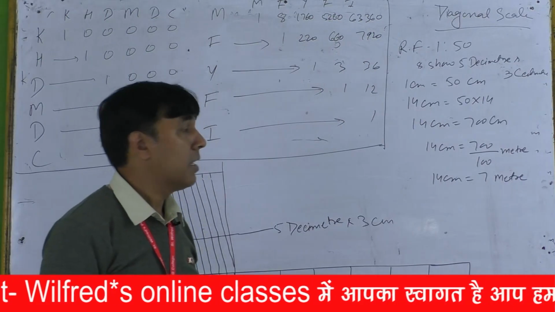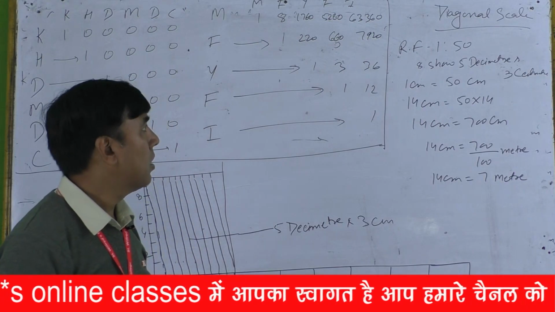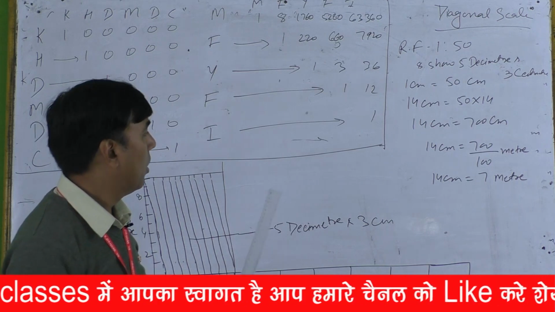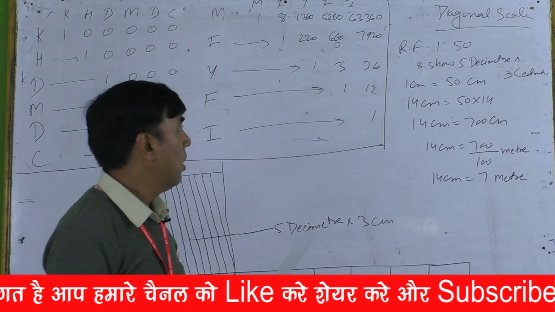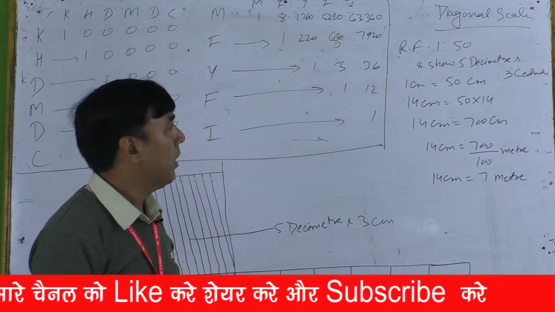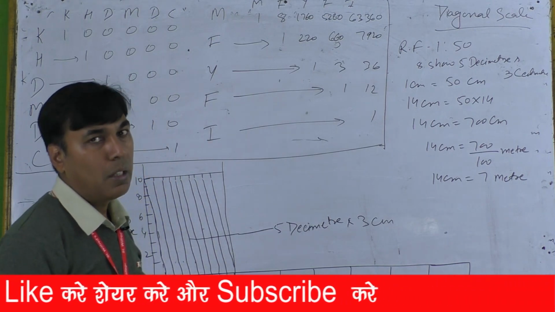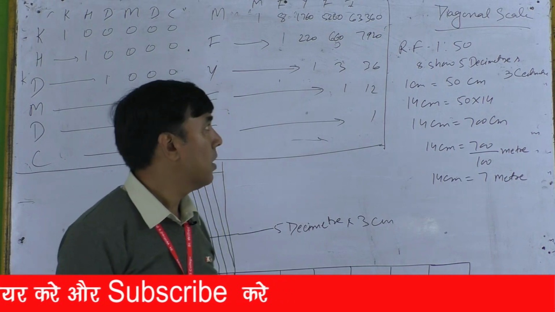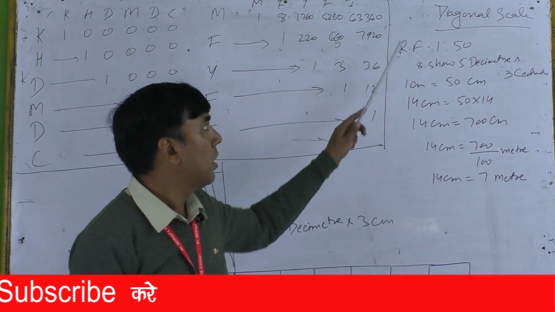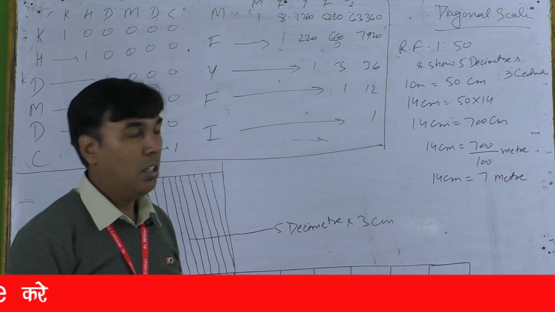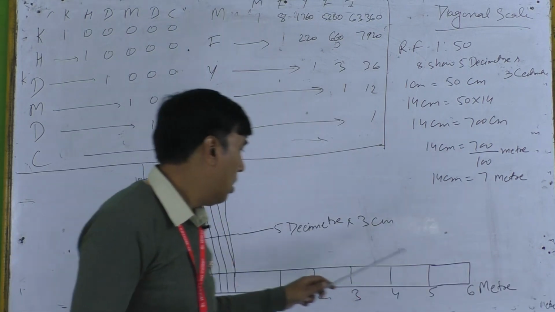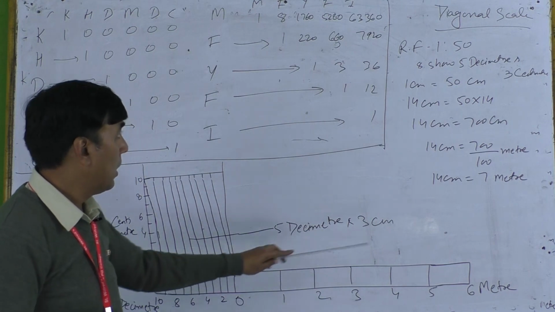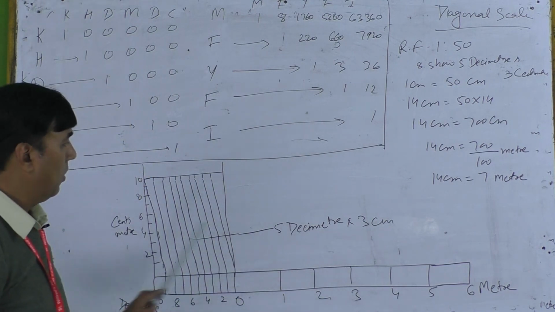Now the diagonal scale. This is the last part of the topic, scales. We have read simple scale, comparative scale, and third we are going to study diagonal scale. In this scale we shall draw a diagonal scale like this.